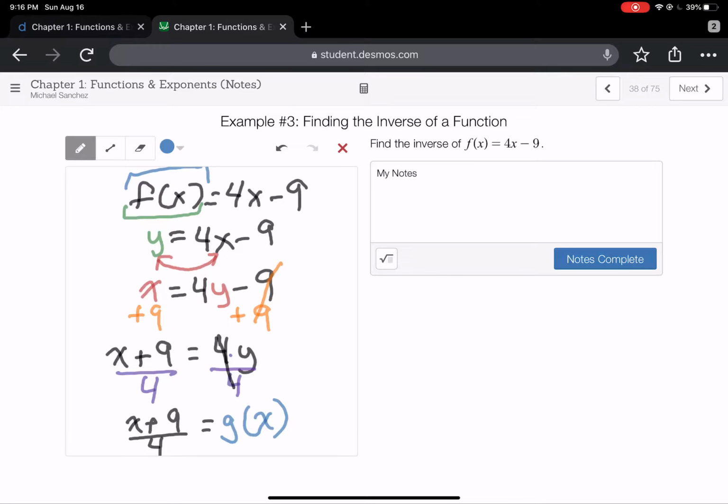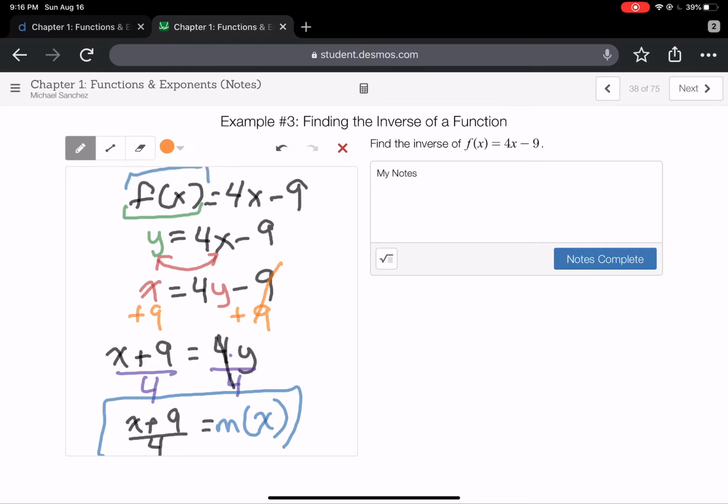Remember, function notation could be any letter. It doesn't have to be g. I could make this b of x, or t of x, or any variable except for f, y, or x. So I'm going to leave it like that. This is the inverse of our original function.